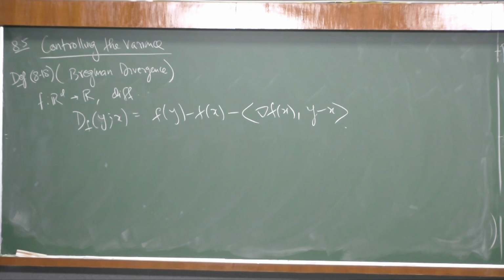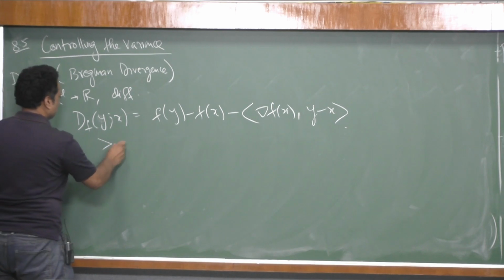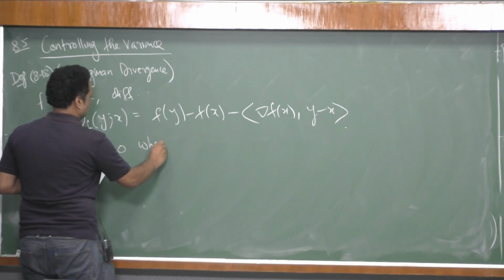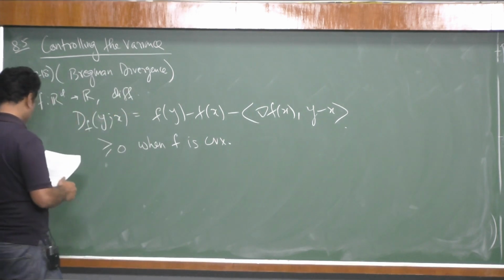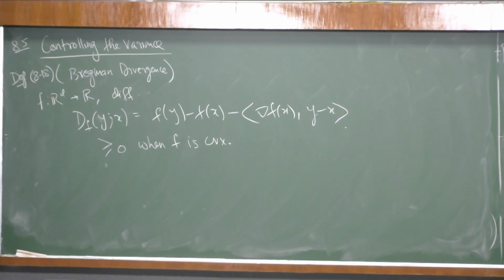But now we see this as some kind of a measure, like a divergence measure. This is always non-negative when f is convex, so that we know. We can prove some results for Bregman divergence.